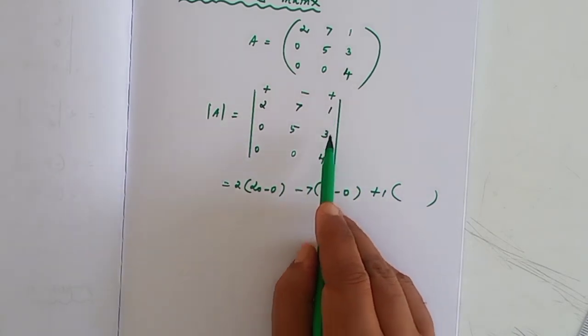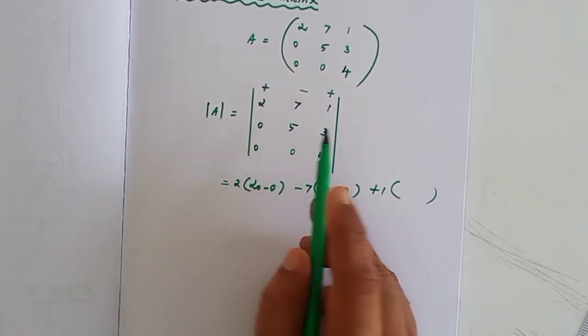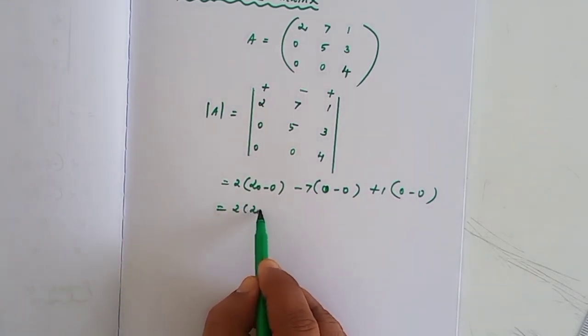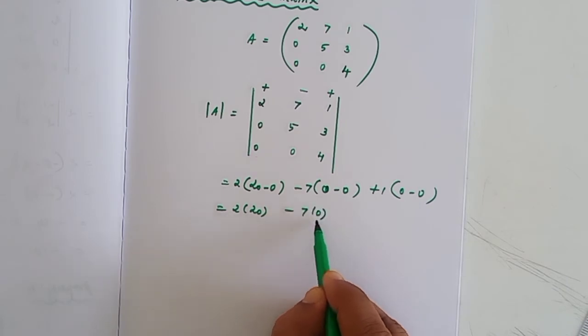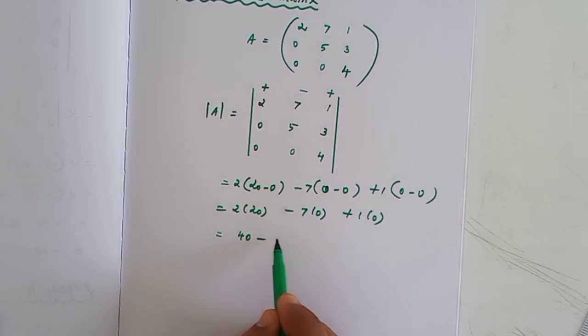Finally here leave this column and row, we have 0 0, 0 minus 0. That is equal to 2 into 20 minus 7 into 0 plus 1 into 0, that is equal to 2 into 20, 40 minus 0 plus 0, that is equal to 40.